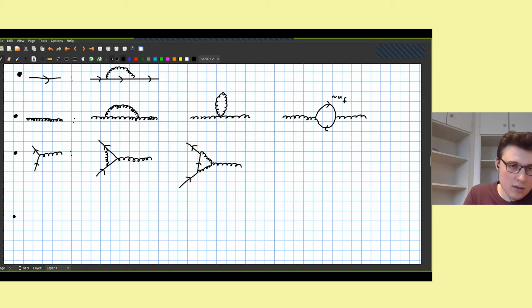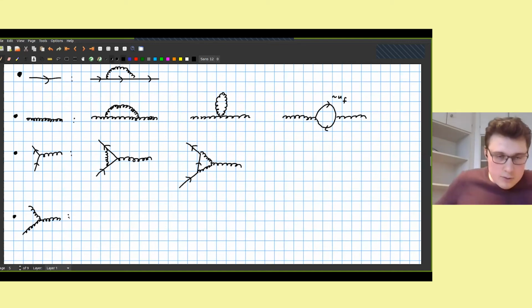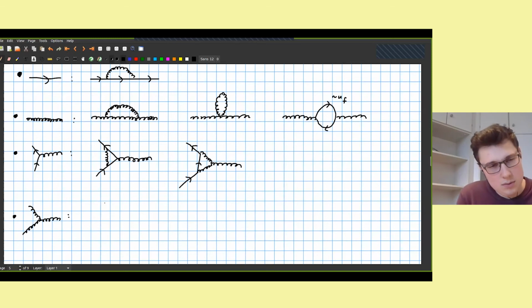And then the second vertex is the three-gluon vertex. And again, this behaves quite similar to the quark-gluon vertex to some extent at least. So, okay, what we could do, of course, is mimic the first diagram and get a gluon here.